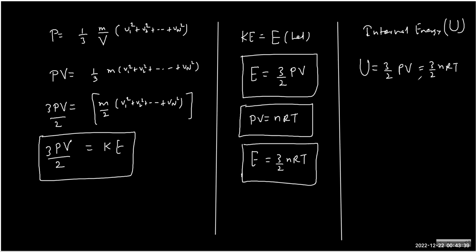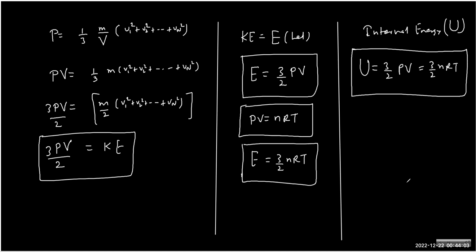Translation. Correct, because we only described Vx, Vy, Vz, right? We never took the moment of inertia or omega. So whatever we have derived is the translational kinetic energy. Some other form of kinetic energy will also come into the picture. We'll see very soon. So the internal energy symbol and formula are clear to all of you.